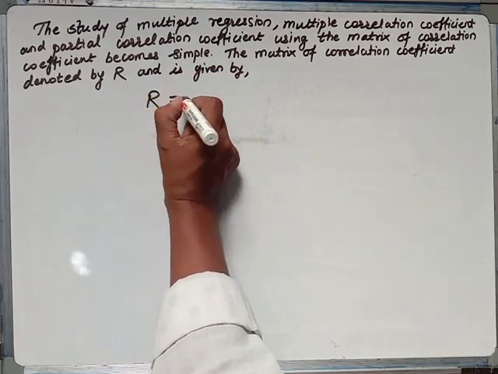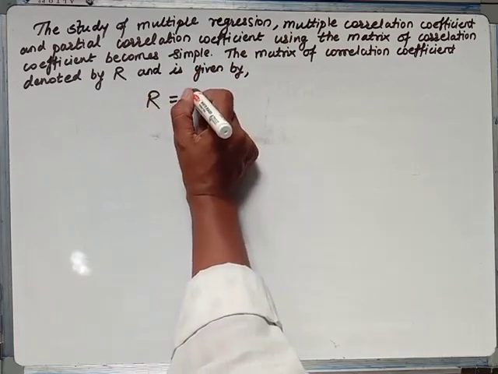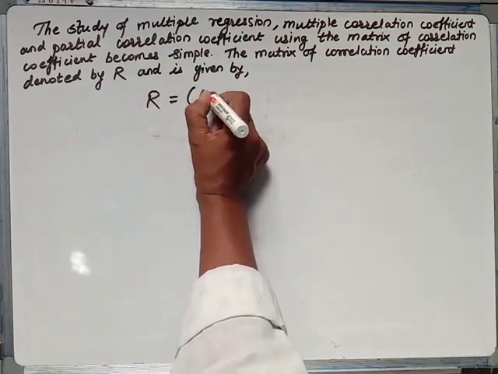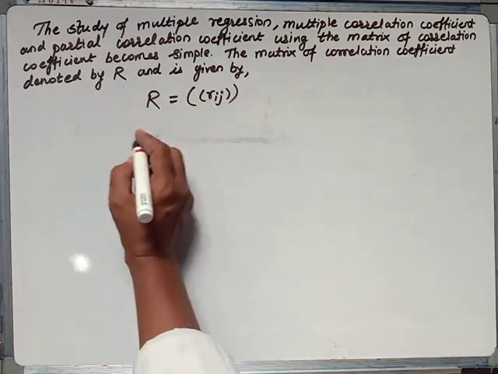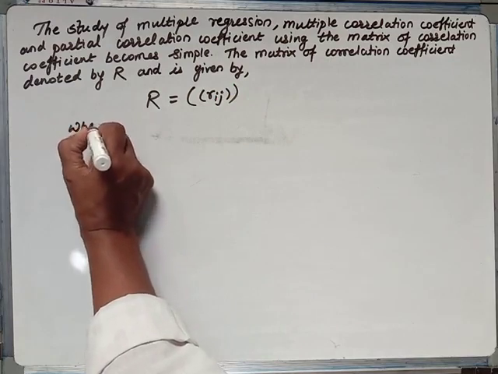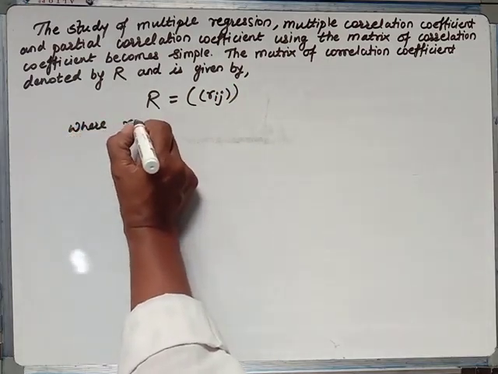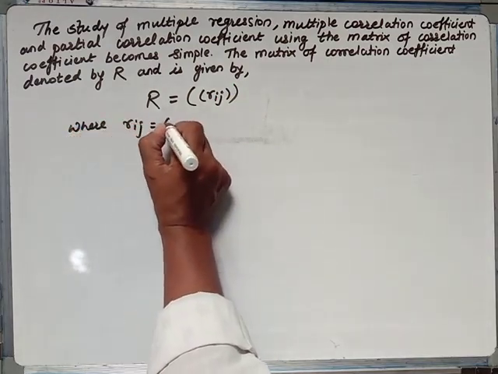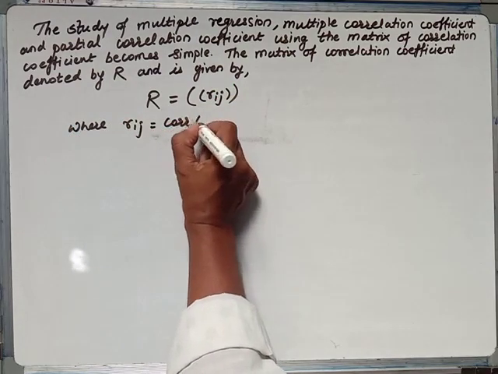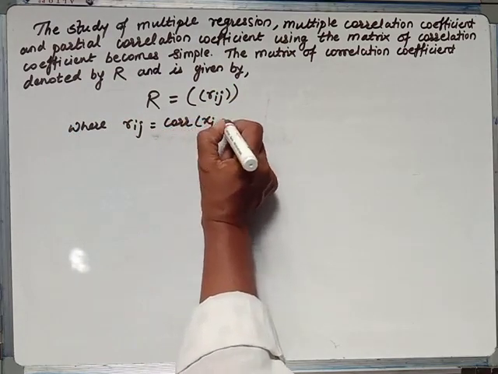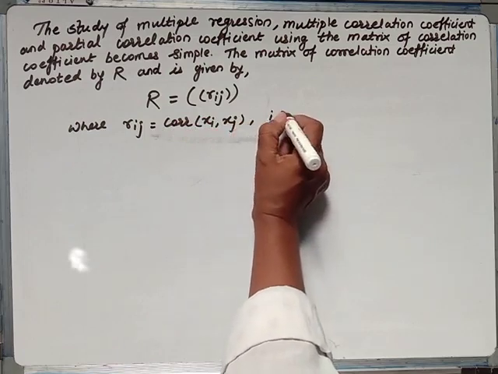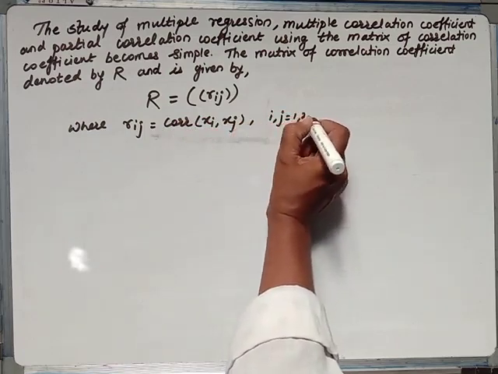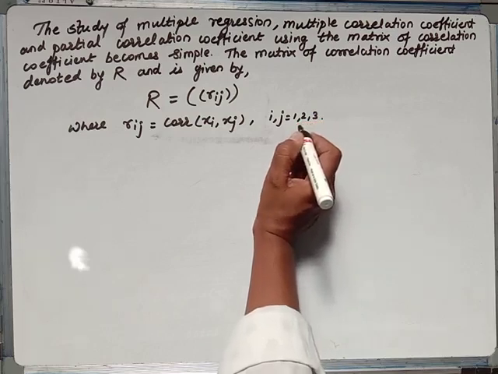R is equal to the matrix of Rij, where Rij is nothing but the correlation between Xi and Xj, where i, j are 1, 2 and 3. Trivariate data is that.